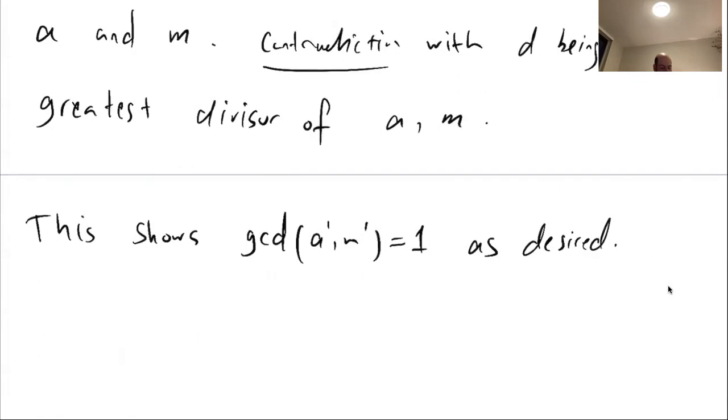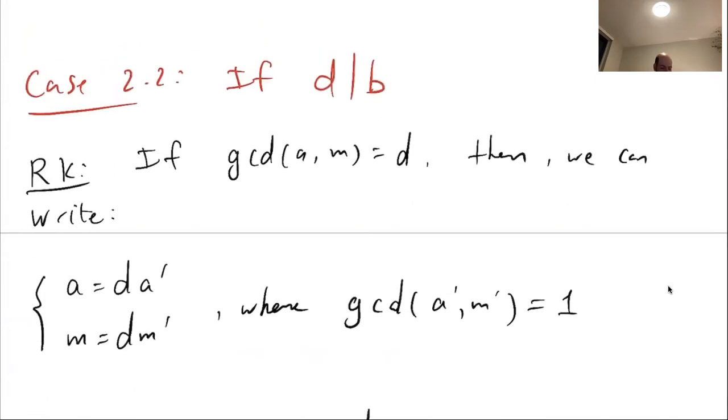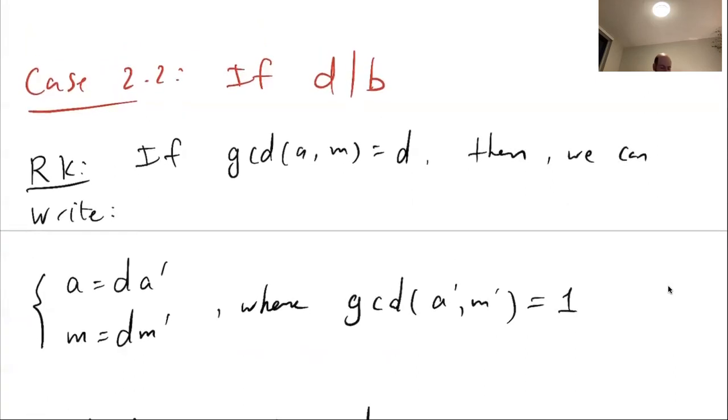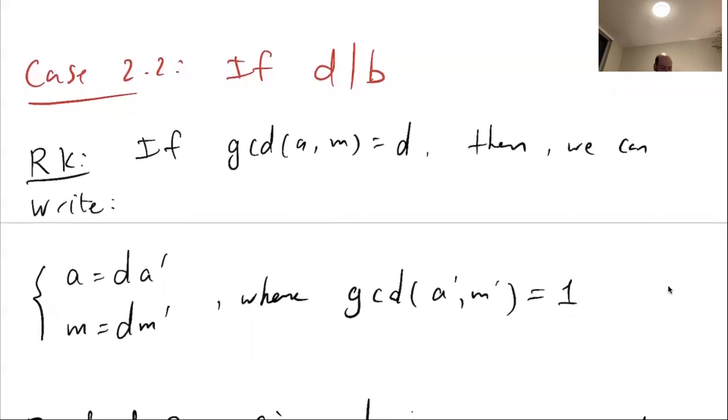Okay, now back to case 2.2. So what was the assumption in case 2.2? We are assuming D divides B and GCD of A and M equals D, which is bigger than 1.